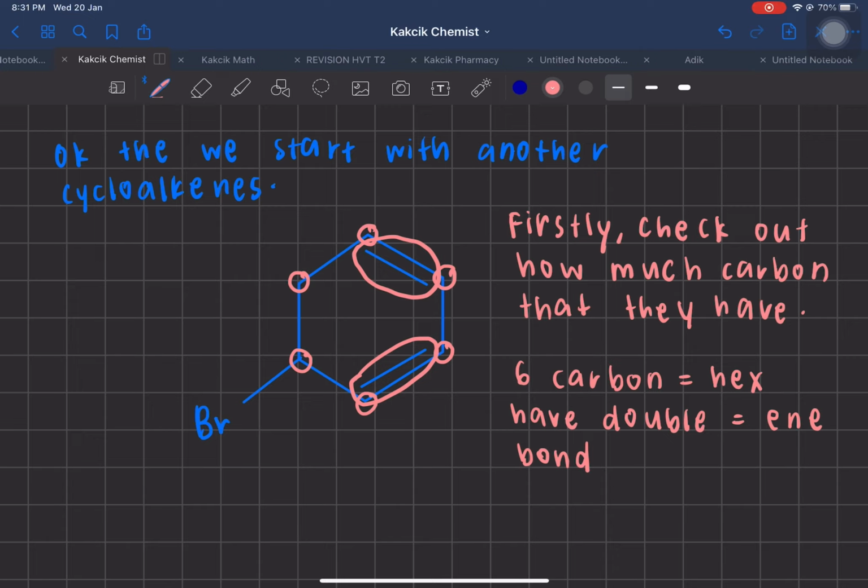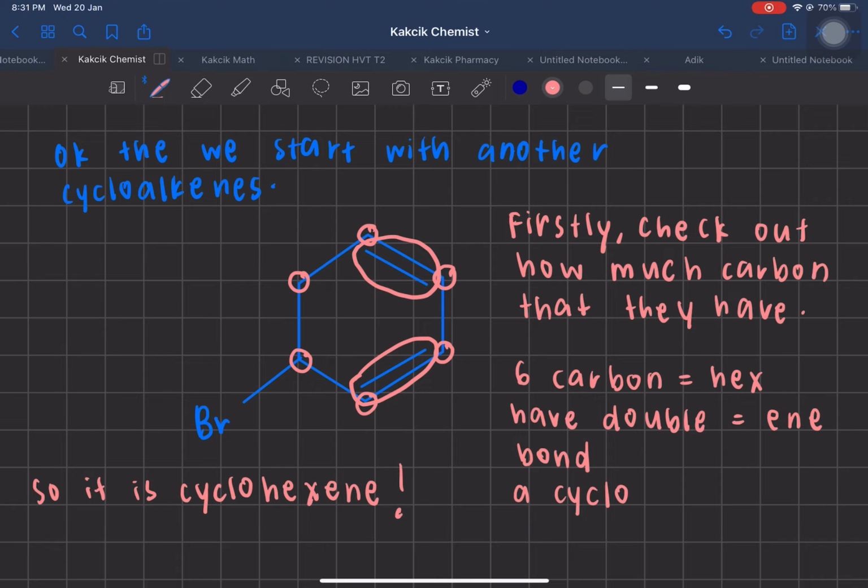Daripada sini kita nampak tak, dia adalah 1 kitaran tau. So kita ada 1 kitaran iaitu cyclo. Lepas tu kita ada 6 carbon, jadi hex. Kita ada double bond juga, so ene. Jadi cyclohexene.